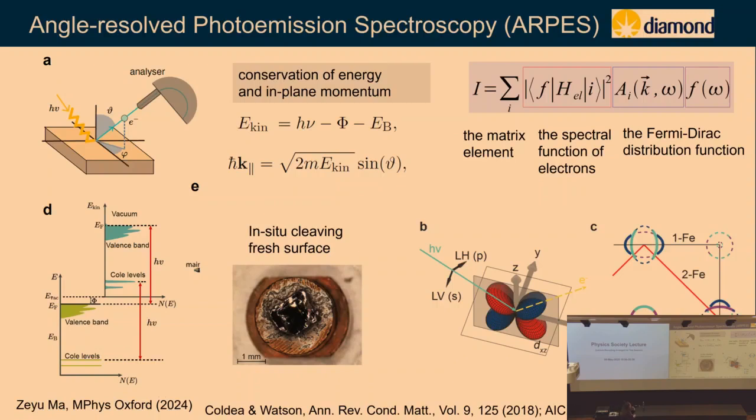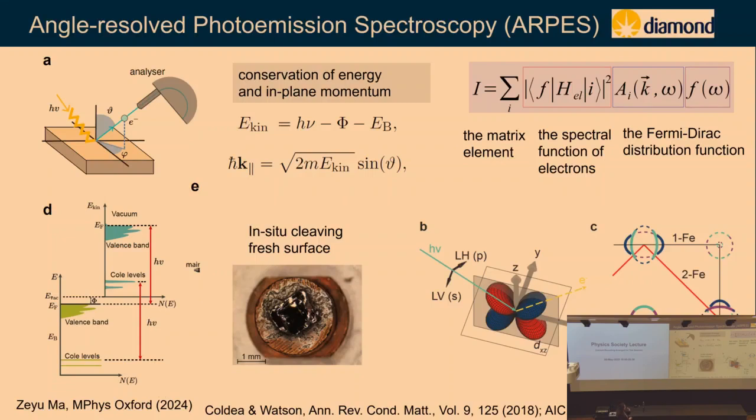In a photoemission experiment, we have light, which can be polarized light, shining over a very clean, fresh surface, and then, due to the photoelectric effect, you detect the emitted electrons, which are captured in this analyzer, and due to the conservation of energy and in-plane momentum, this will give access to the binding energy of the electron in the material.